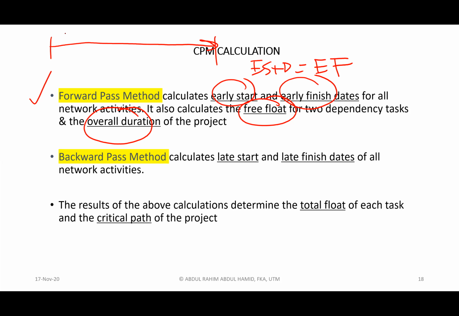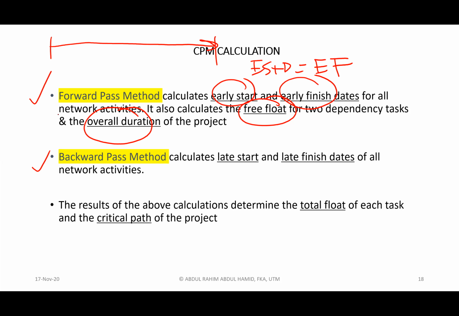Okay, you don't have to complete the overall calculation, meaning the backward pass. You can do that, but at the end of the day, you have already figured out the majority of the values: early start, early finish, free float, and then the overall duration.